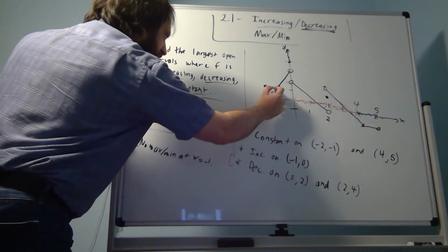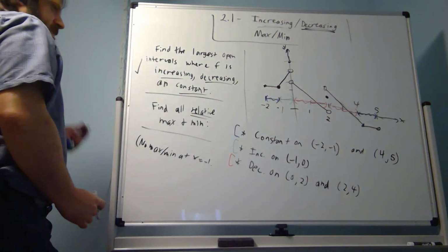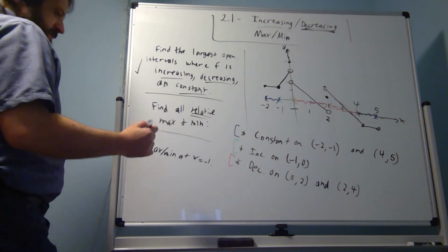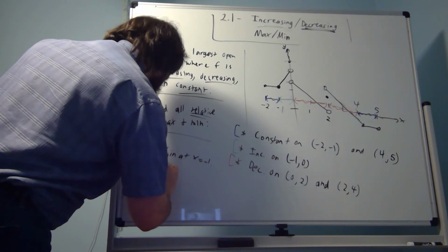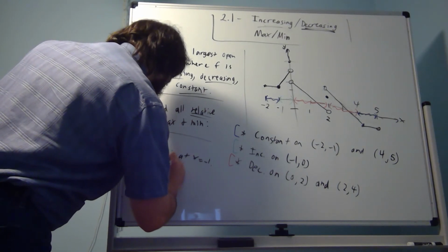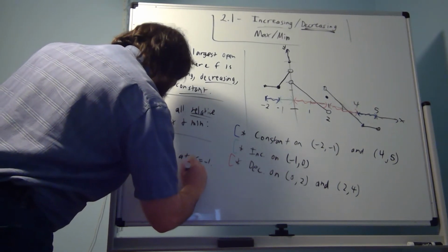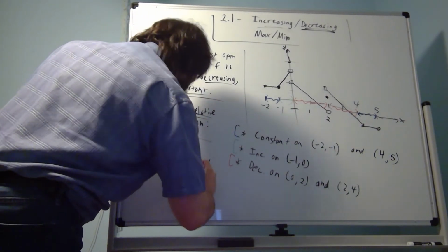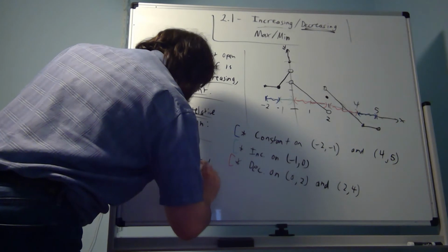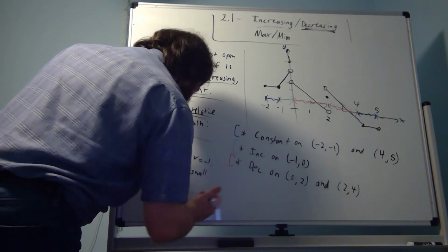So it's not a max or min, because to the left, it's not bigger or smaller. Why? Because nearby, it's constant. On the left side, it's constant, and the same value as what it actually is at x equals -1.